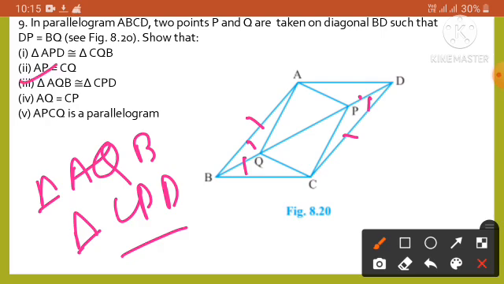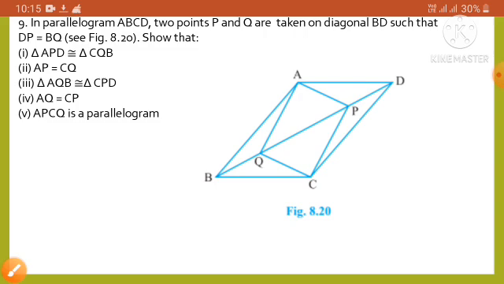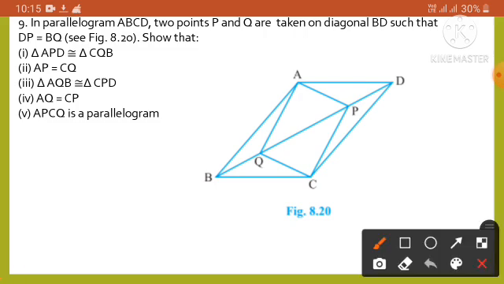Now the next part, since triangle AQB is congruent to triangle CPD, already proved, we can say by the CPCT rule AQ is equal to CP here. So we got the fourth part.